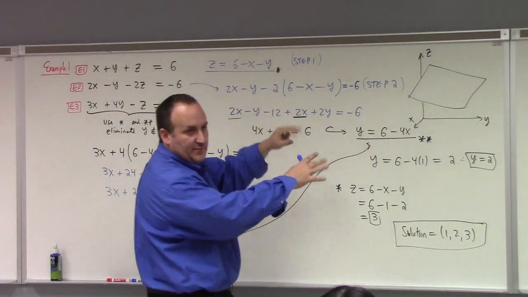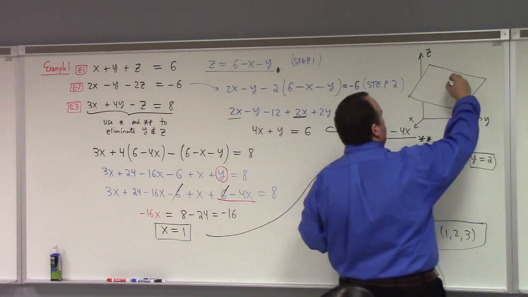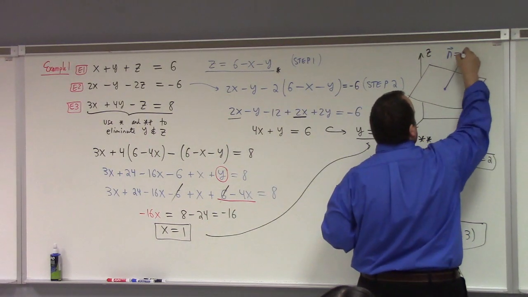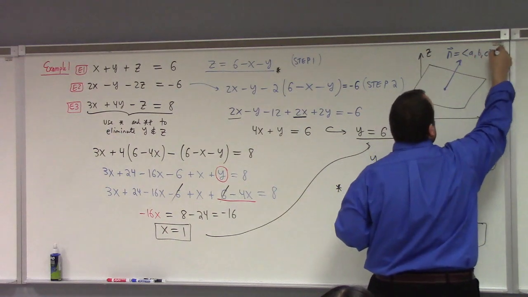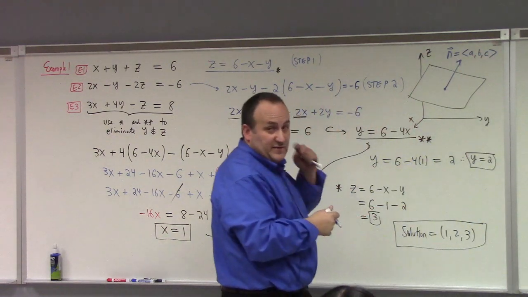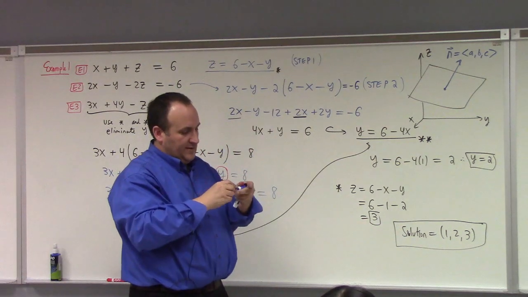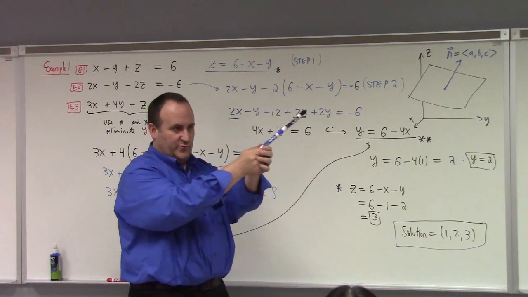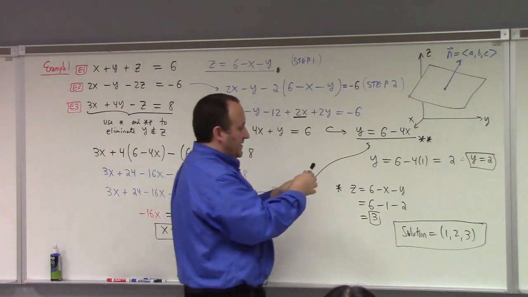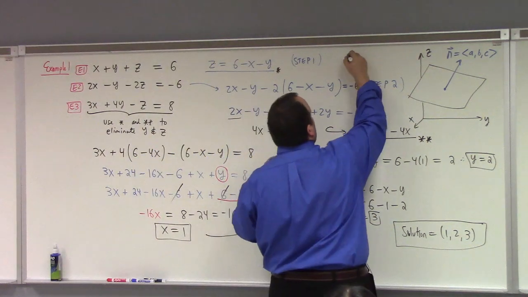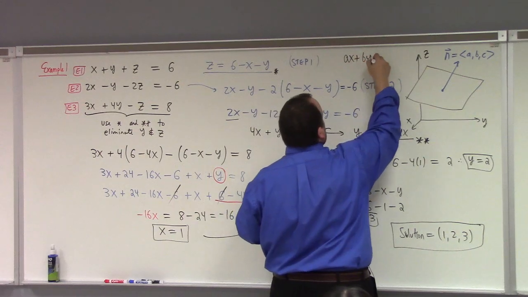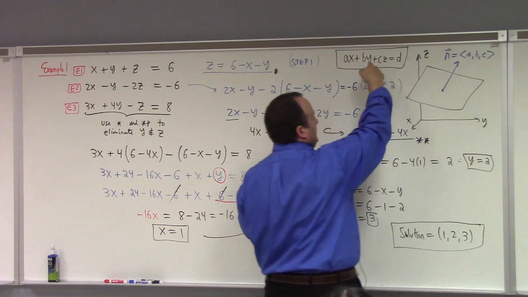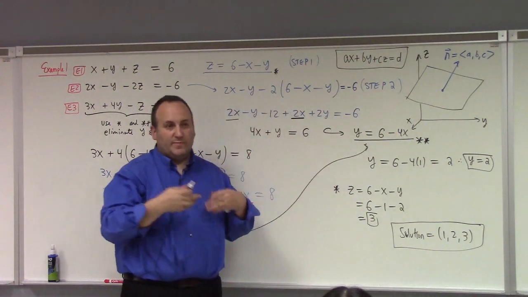Well, here's the thing. A plane in 3 dimensions is described by its normal vector, which is just a directed line segment which points perpendicular to the plane, ABC, like that. It's a 3-dimensional vector, a directed line segment. Vectors just point in different directions. If you write down the equation ax plus by plus cz equals d, the set of x, y, z which solve that equation form a plane.